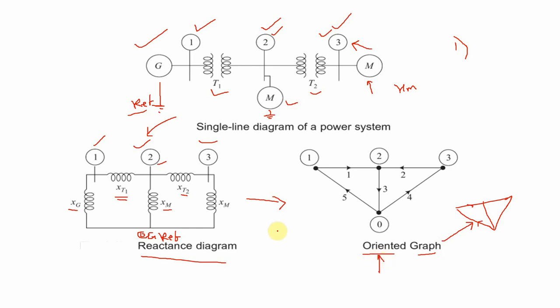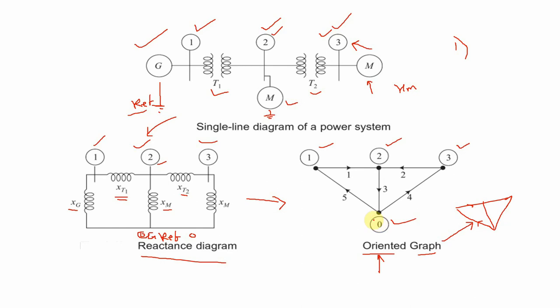So now we design the oriented graph from this diagram. First of all we have to assign the reference node, which is nothing but 0, so I consider it here as node 0. After that node number 1 is here, node number 2 is here, and 3 is here.